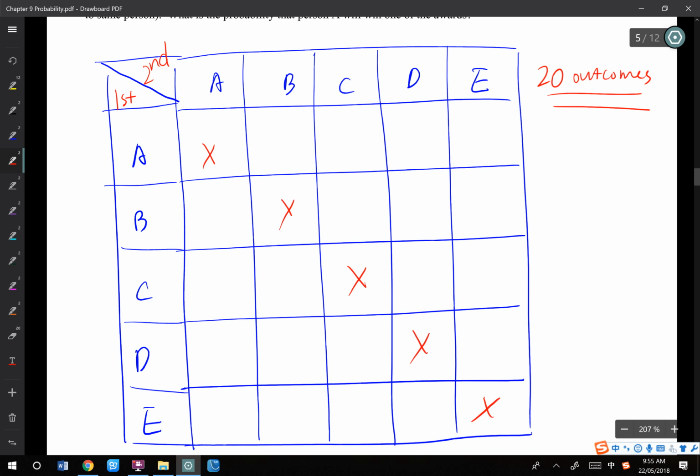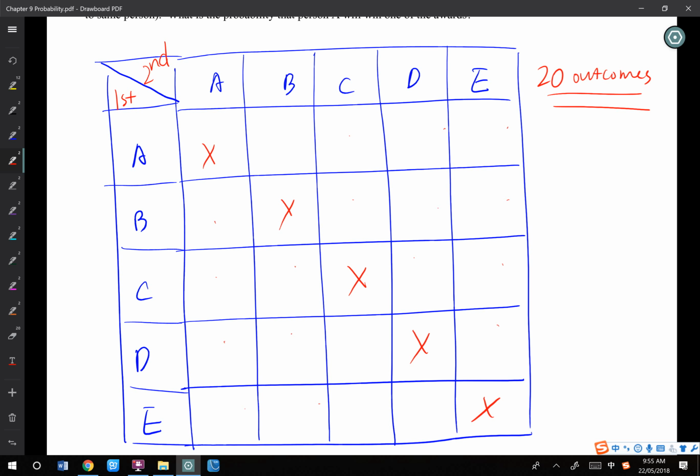Wrong counting, I think. 1, 2, 3, up to 20. It's 5 times 4, so 20. Yes, 20, not 16.